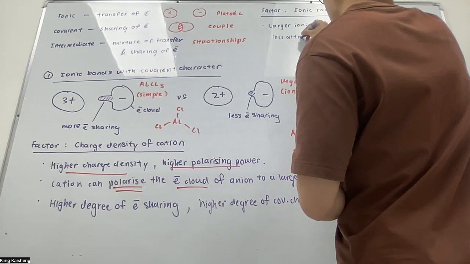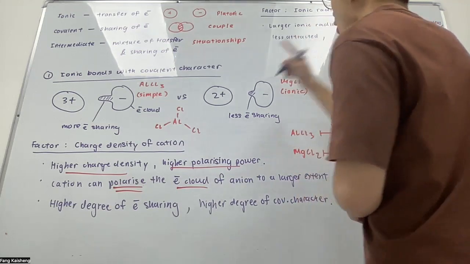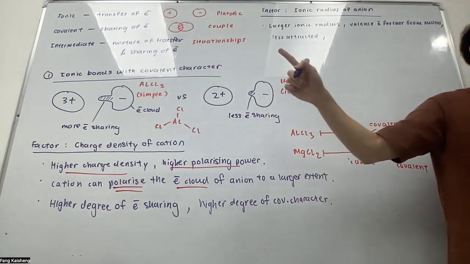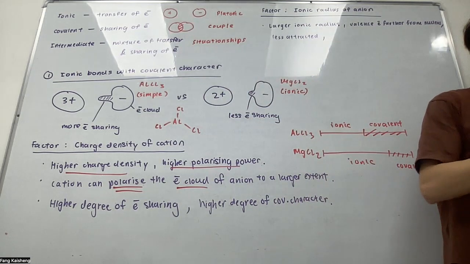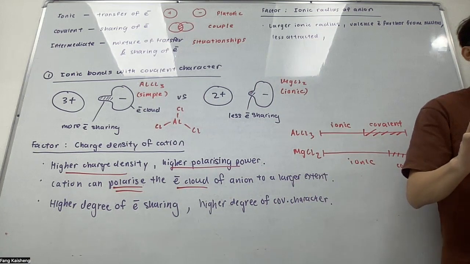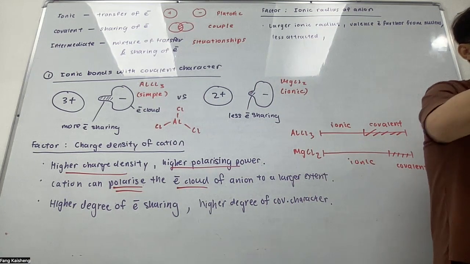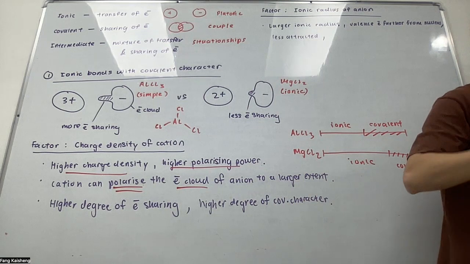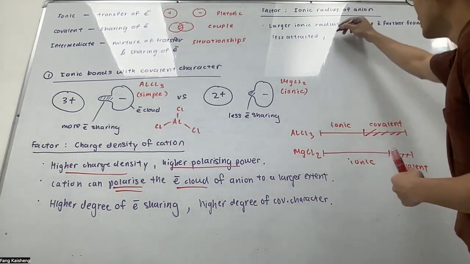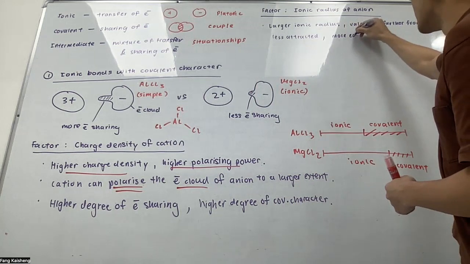Less attracted. So do you think it will be more easily polarized by the cation or less easily? If it's less attracted to the nucleus, is it going to get easily pulled by the cation? More easily pulled, right? So that's why it is more easily polarized by the cation.